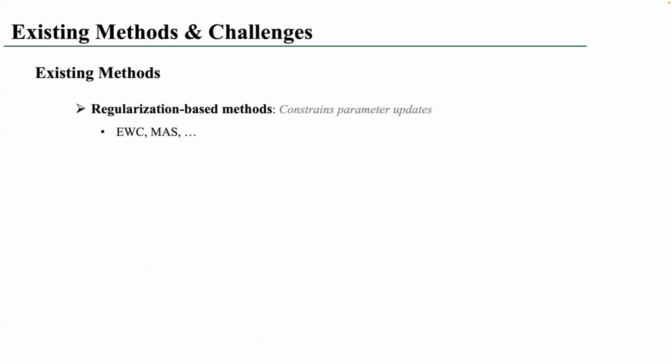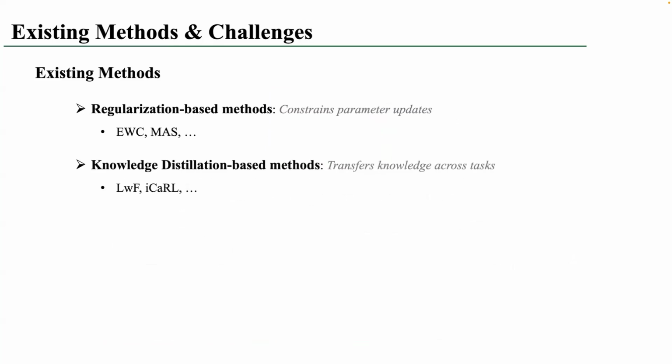So, how can we alleviate catastrophic forgetting and achieve continual learning? There are four major types of continual learning methods. First, regularization-based methods. They constrain parameter updates, like EWC and MAS. Second, knowledge distillation-based methods. These transfer knowledge across tasks, such as LwF and iCaRL.